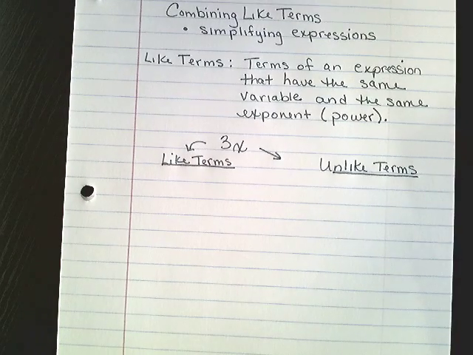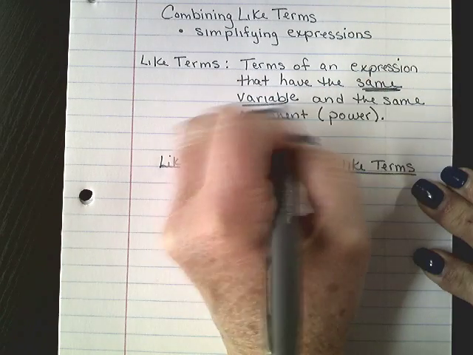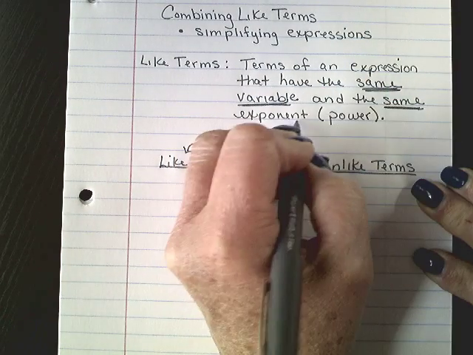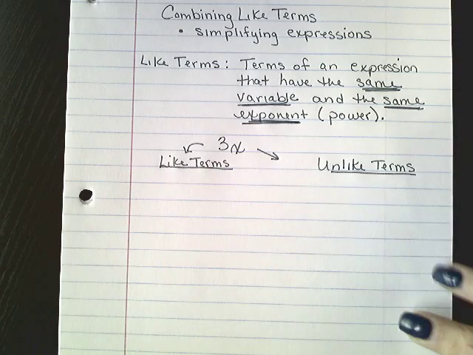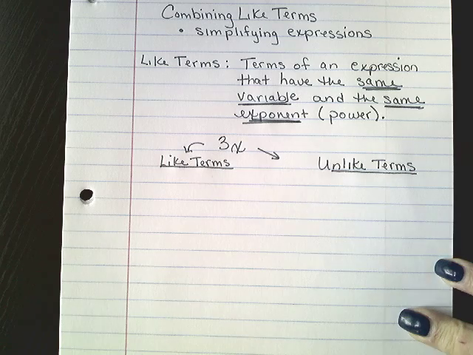So let's do the like terms first. Remember, it has to have the same variable and the same exponent or power. So our variable is x and the power is 1. It's always understood to be 1 unless there's another exponent written there.